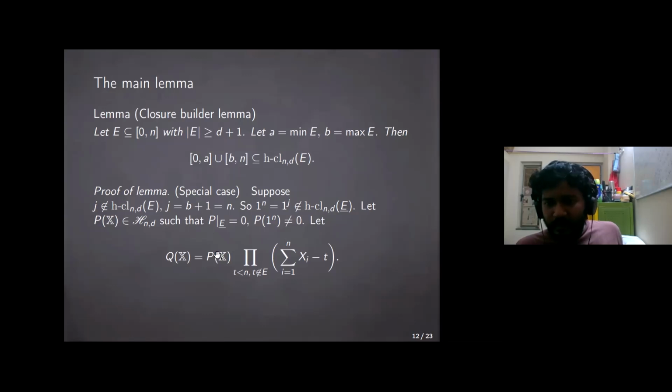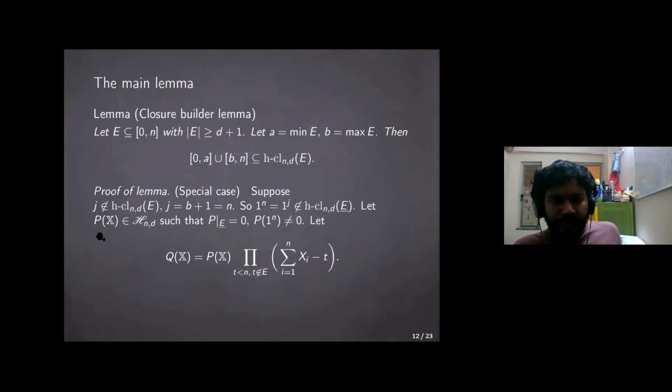So what do I do? Well, this is a hyperplane arrangement covering the layers in E, not covering the all ones point. I leave out the all ones point, look at the remaining layers which are not covered for the moment, and I just take the corresponding hyperplanes which cover those. So the additional linear factors that I multiply with P here to get this polynomial Q is essentially a modification to this hyperplane arrangement.